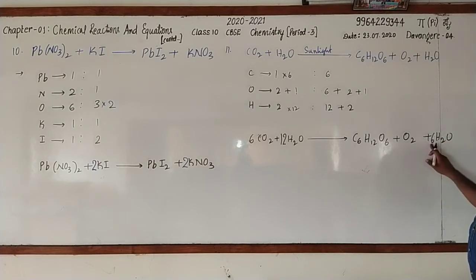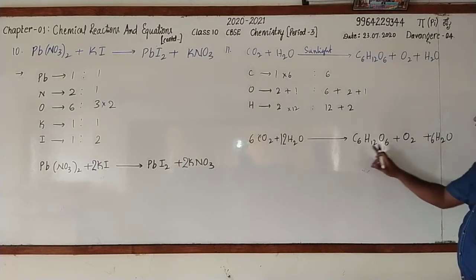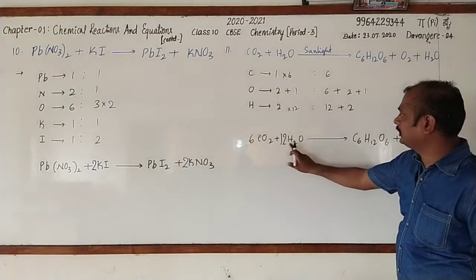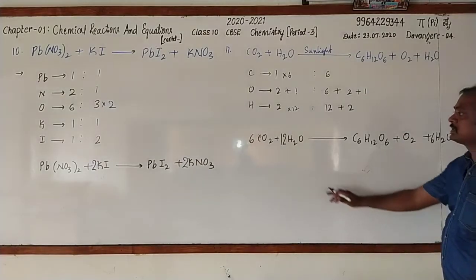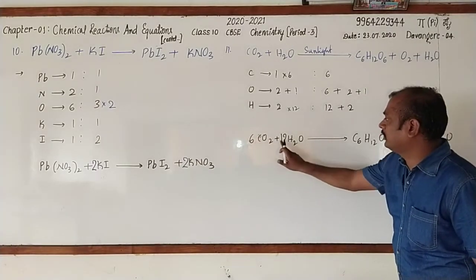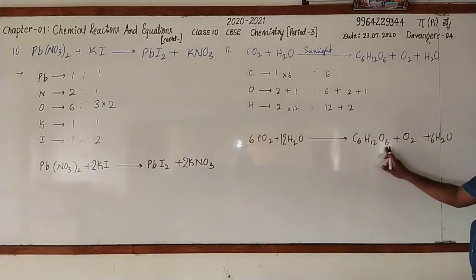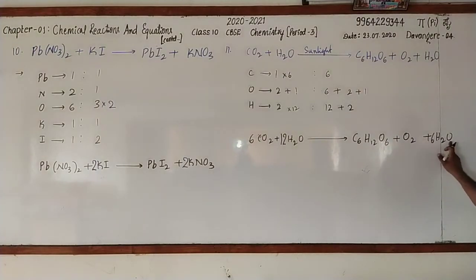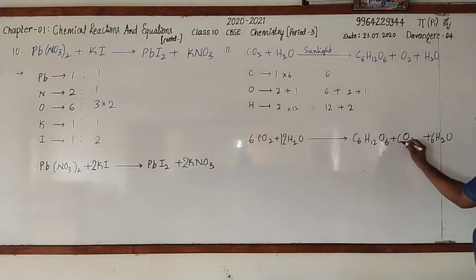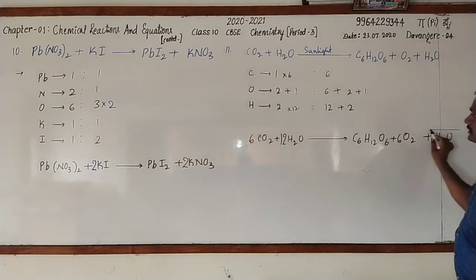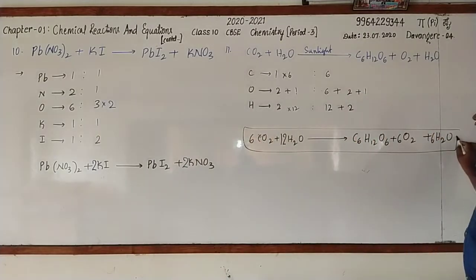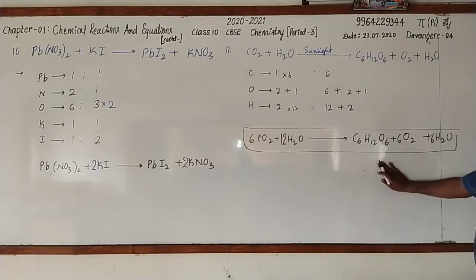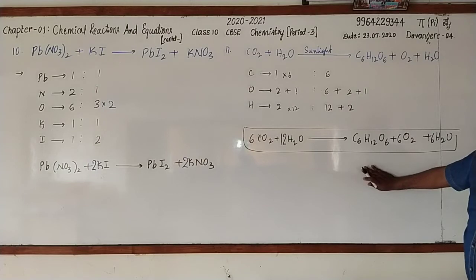Now see that 6 twos are 12. Here 12 plus 12 is 24. 12 twos are 24. Then oxygen, 6 twos are 12. Here 12, total 24. Oxygen here 6, and here is 6. 6 plus 6, 12. Then it should be multiplied with 6. Now it is a balanced chemical equation. It is one of the important ones. Please go for copying this.